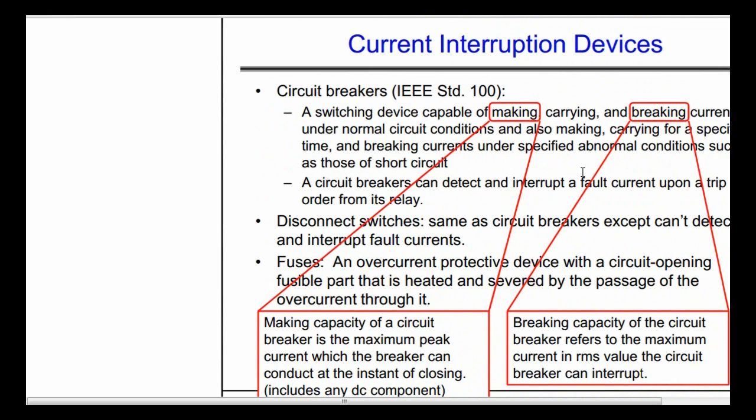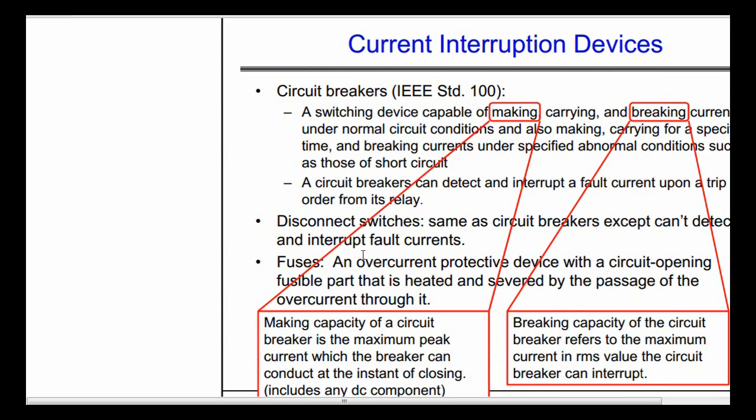So for current interruption devices, the circuit breaker, according to IEEE Standard 100, is a switching device capable of making, carrying and breaking currents under either normal circuit conditions or abnormal circuit conditions, such as short circuit.